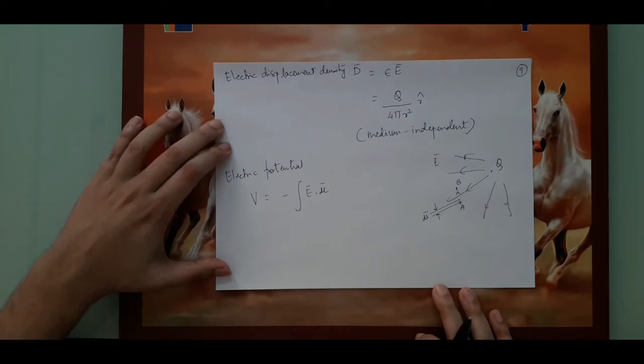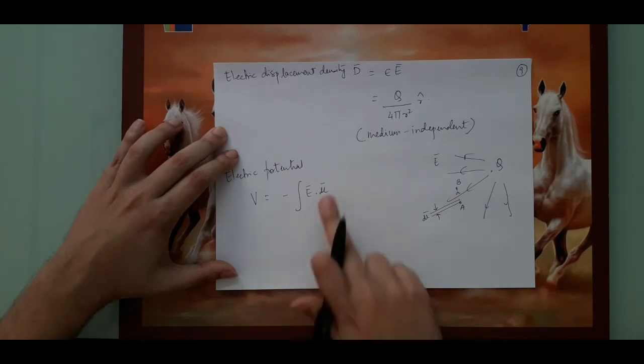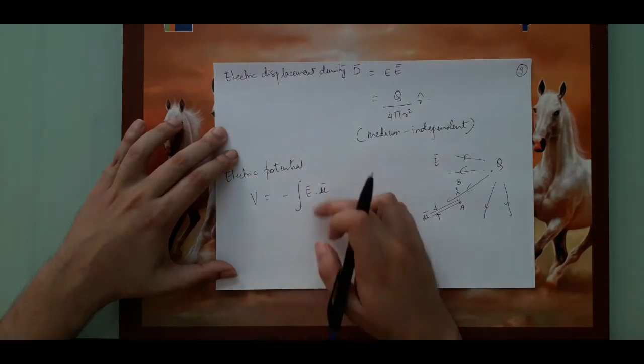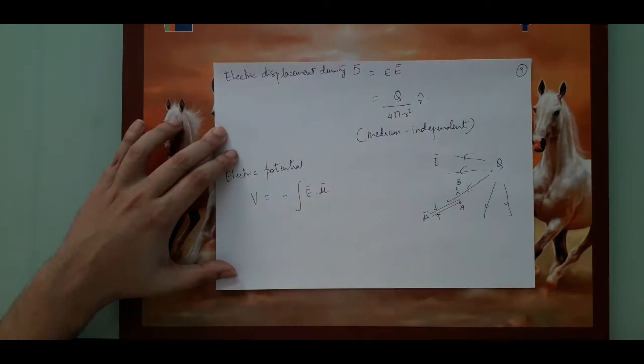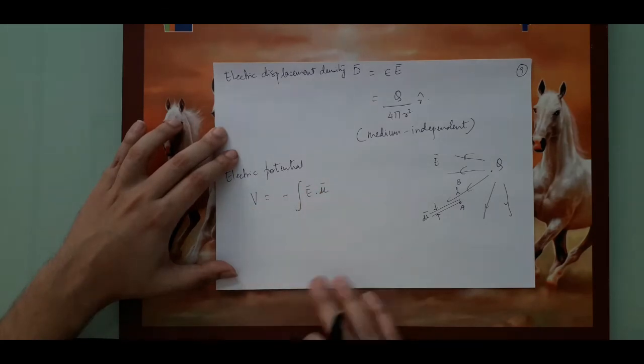Because as you know, the work done in the general definition of physics is nothing but the force times the displacement, and that is a scalar. That is why we are taking the dot product. dl indicates the displacement and E indicates the force. Since this is not exactly work but is indicative of work, this is what we see.